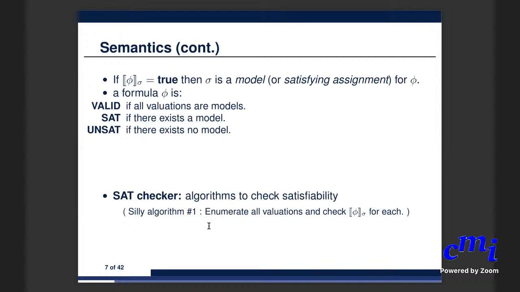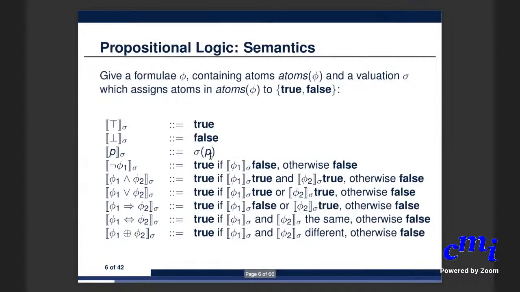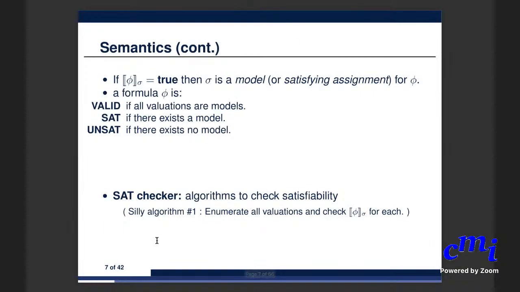I call it the silly algorithm. What does it do? You can enumerate all valuations for the finite number of variables that appear in the formula, and then you can apply the rules that I've specified inductively to get the truth assignment to the formula.